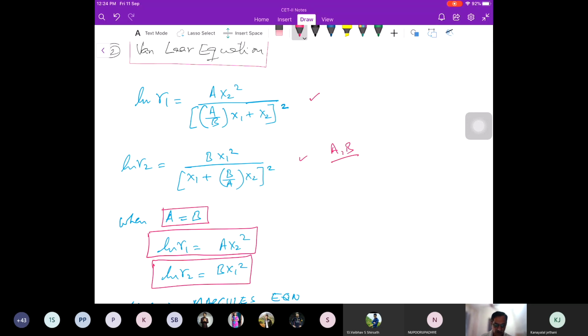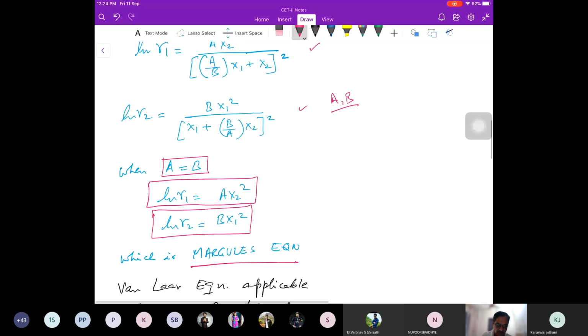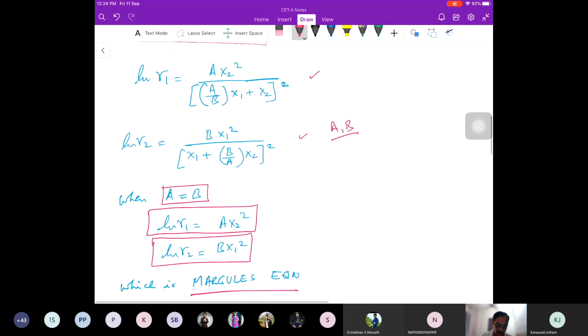Okay, and when a is equal to b, if you put a equal to b here, this becomes 1, right? So x1 plus x2 is what? What is x1 plus x2? One. x1 plus x2 equal to 1 for a binary system.